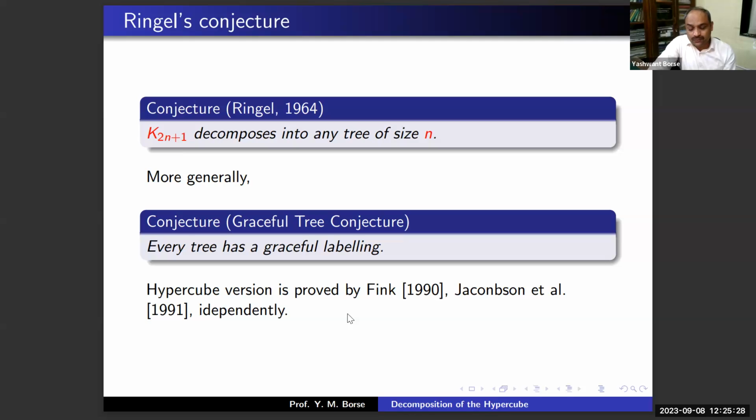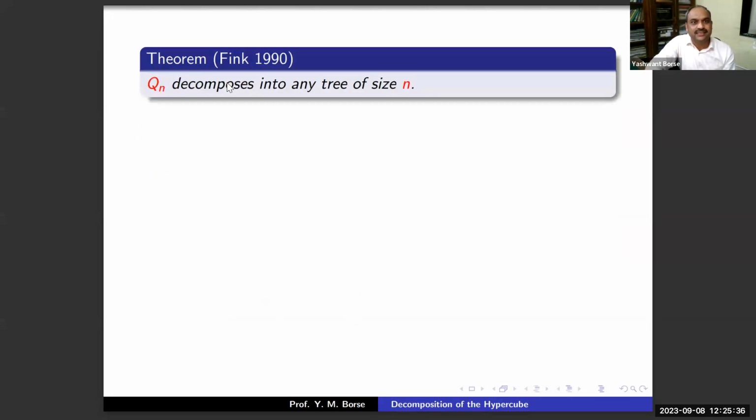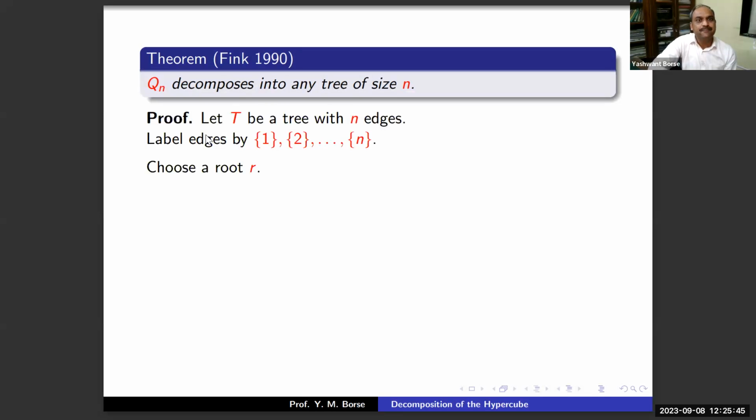We will see the proof given by Pink. It's a fantastic small proof, but the idea is so nice. This is a theorem by Fink: the hypercube Qn decomposes into any tree of size n. Let T be a tree with n edges.